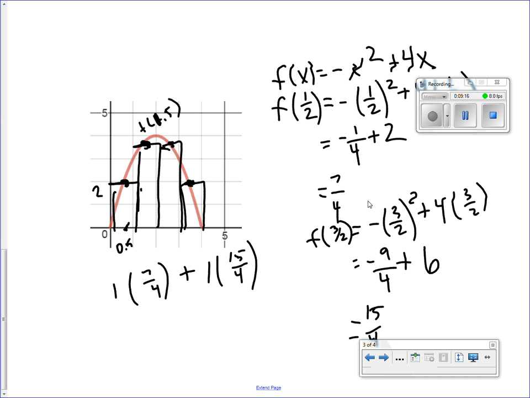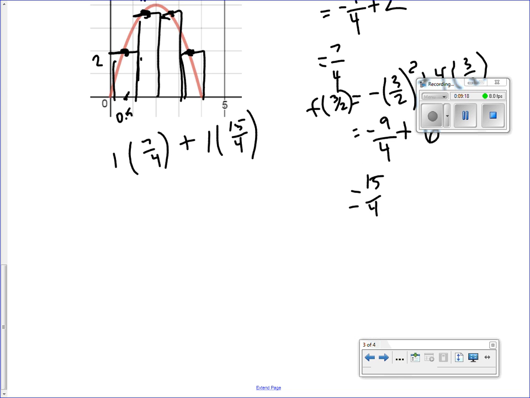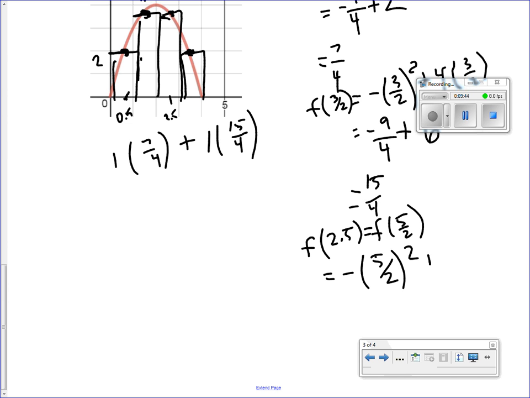So now I'm going to check the third rectangle. So the third rectangle, the midpoint happens when x is 2.5, so f of 2.5. Again, fractions are actually going to help me here just to do this without a calculator. 2.5, that'll be 5/2. So I'm going to do negative 5/2 squared plus 4 times 5/2.